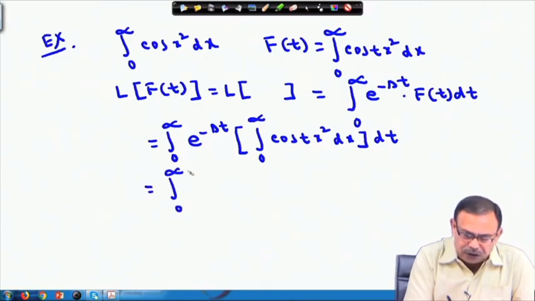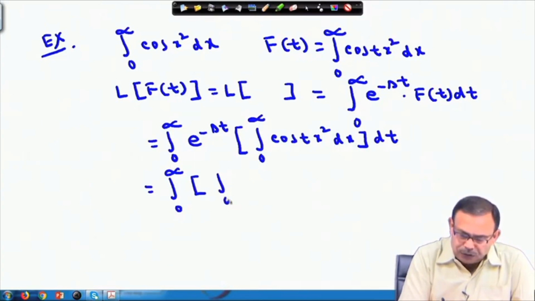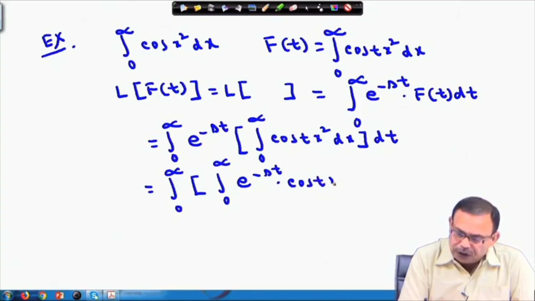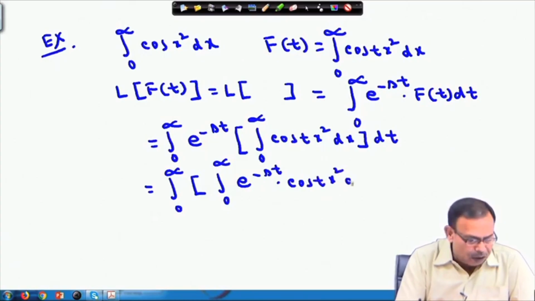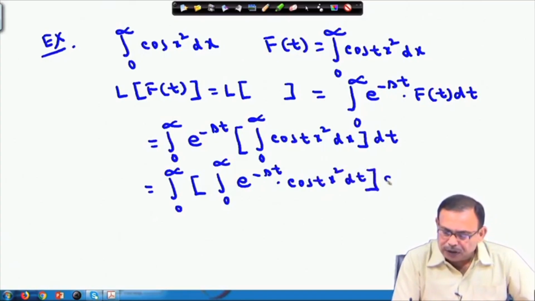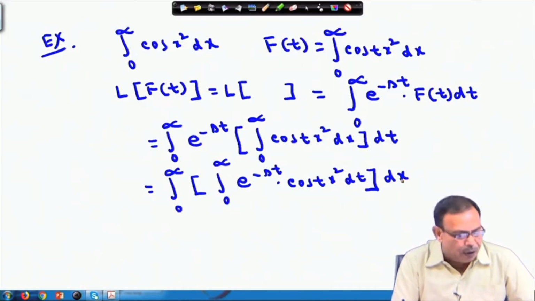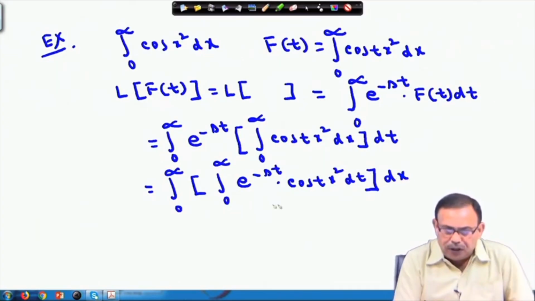So this equals the integral from 0 to infinity, of the integral of e power minus s t into cos of t x square dt, into dx. Again you see, what is this integral?